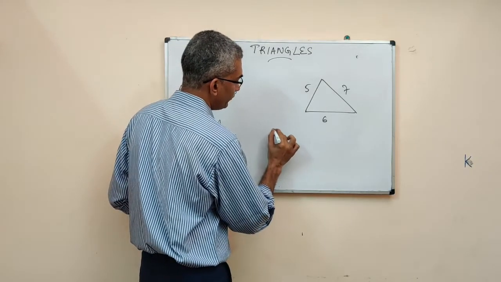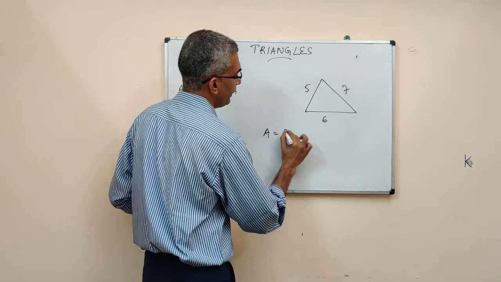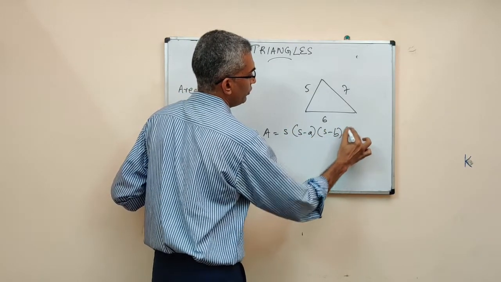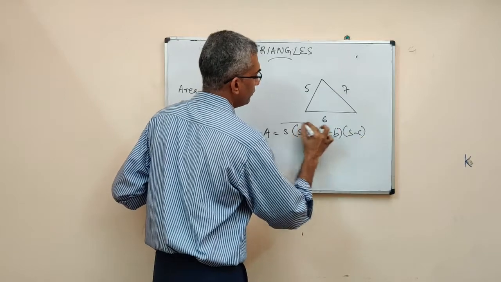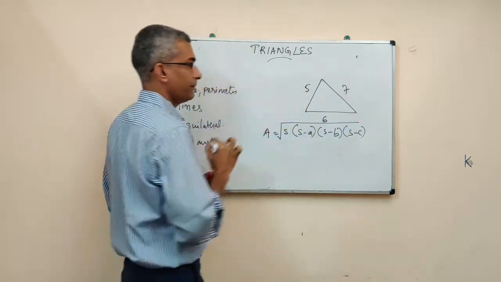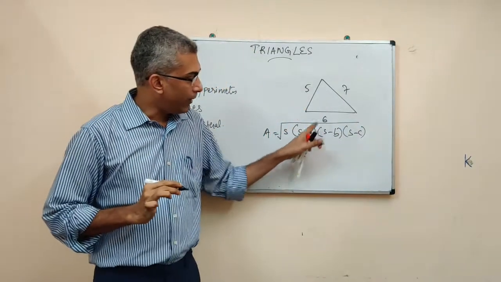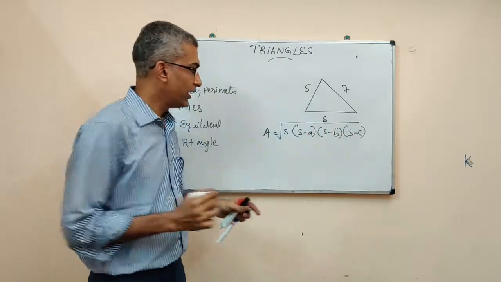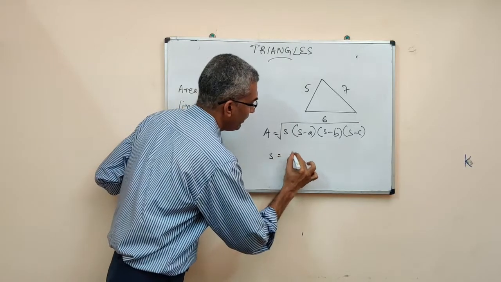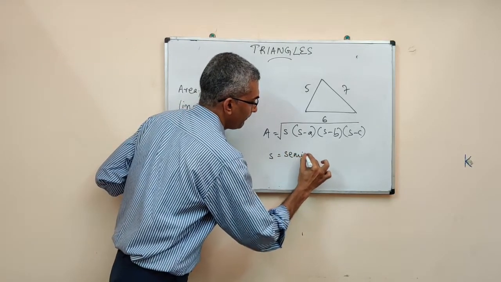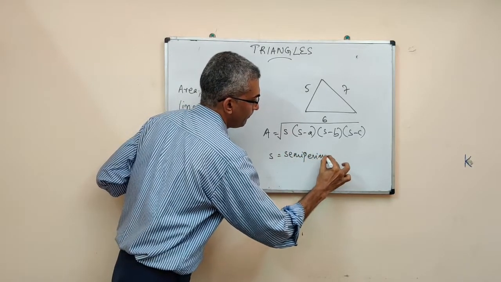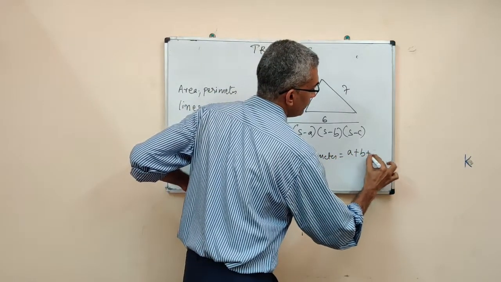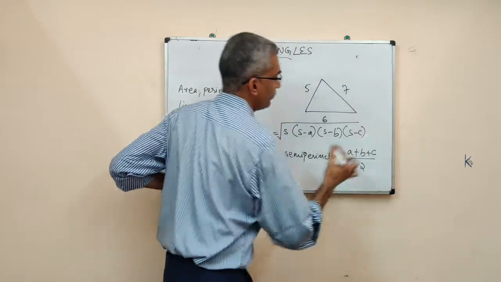Heron's formula says area will be the square root of S into S minus A into S minus B into S minus C, where A, B and C are the values of individual sides and S is something called the semi-perimeter, which is nothing but the sum of the sides divided by 2.